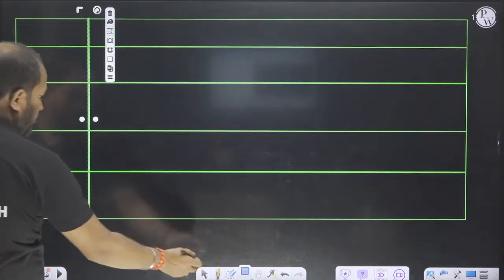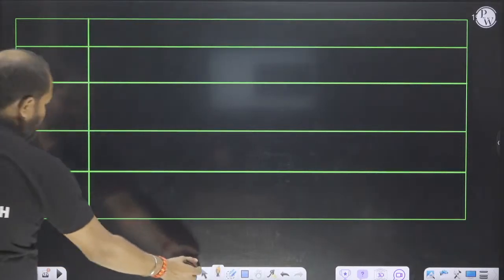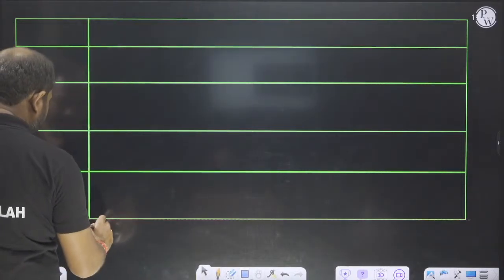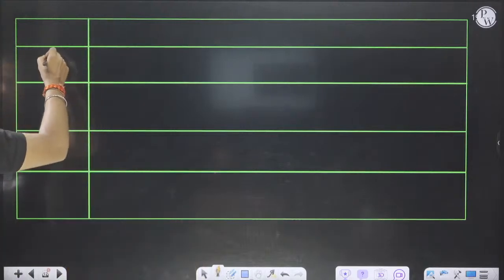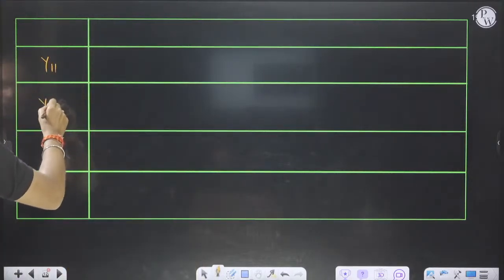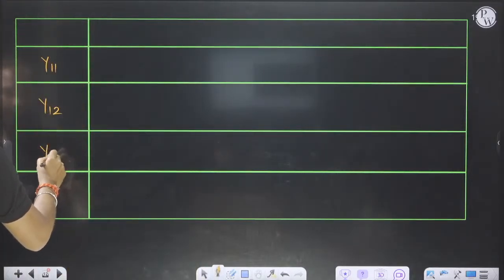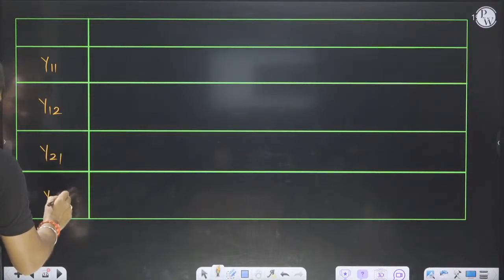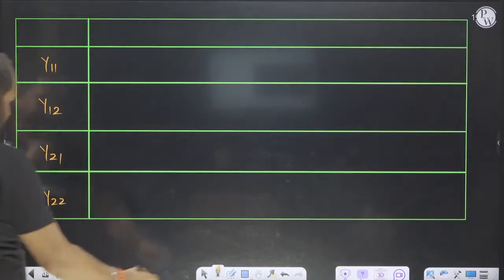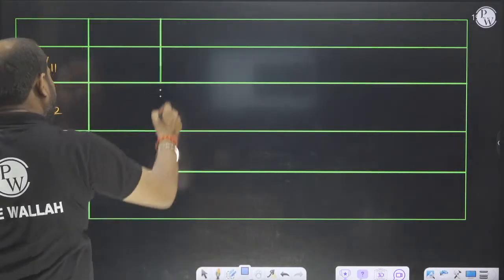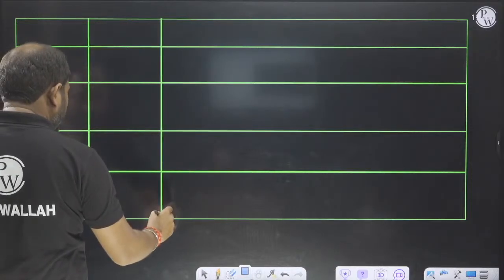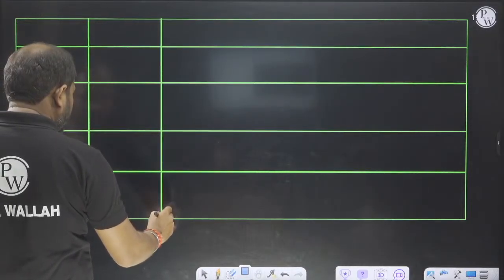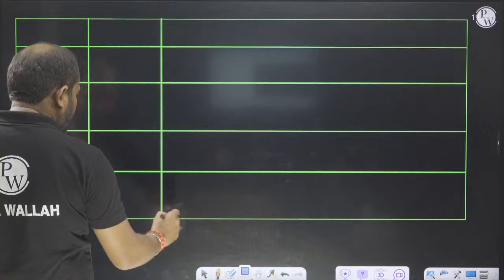Second one is Y parameter. I have to derive Y parameter: Y11, Y12, Y21, and Y22. First of all, in terms of Z parameter, I have to derive.